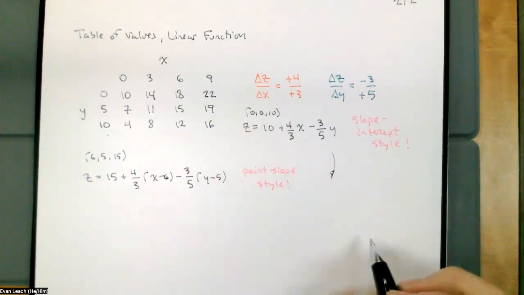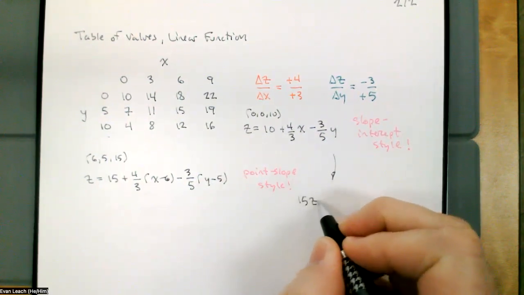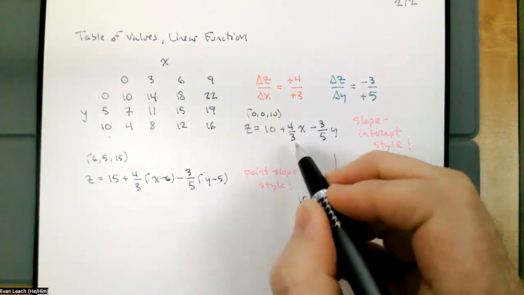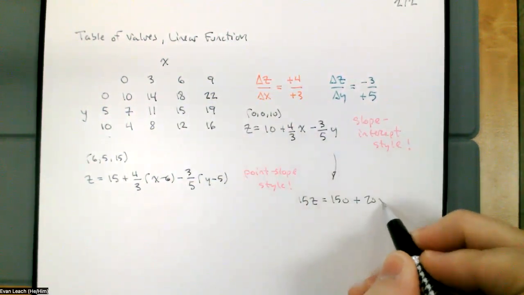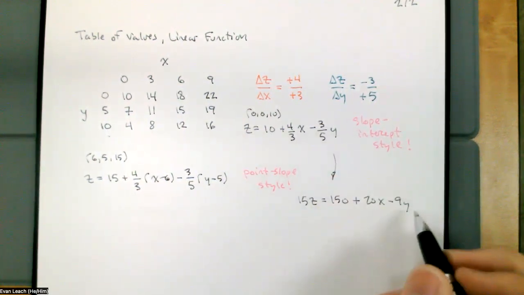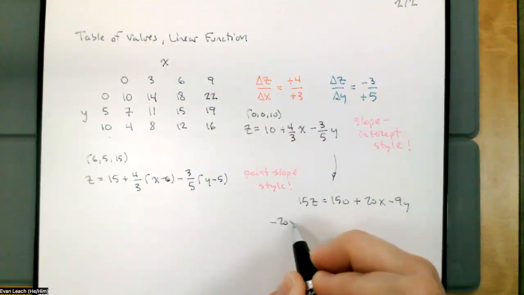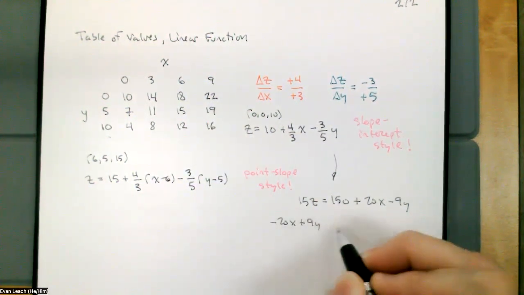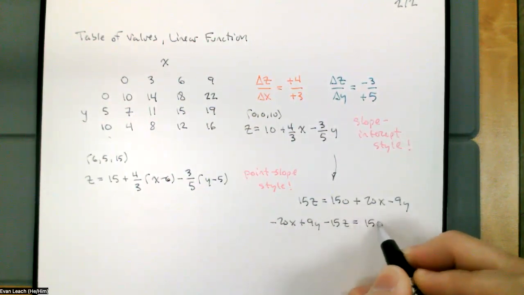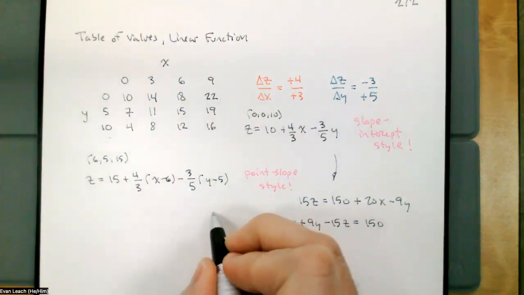If I multiply everything by 15, I'll have 15z is 150 plus 20x minus 9y. And then just put the x, y, and z on one side. So I could say negative 20x plus 9y minus 15z is equal to 150. And then we have standard form.